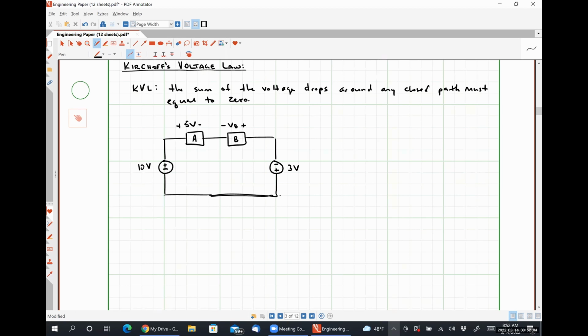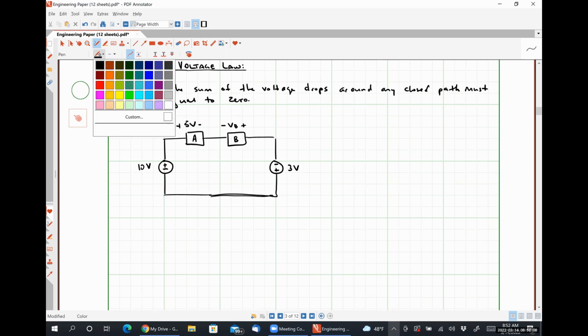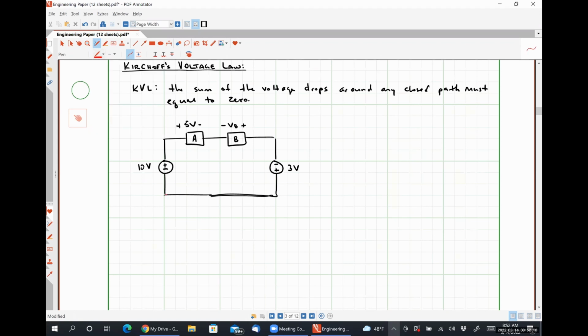So let's talk explicitly about how we're going to do this. I'm going to start at the bottom left-hand corner.